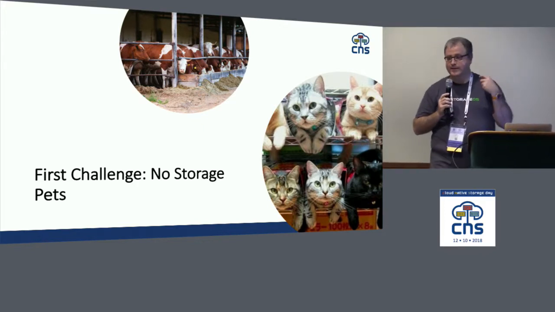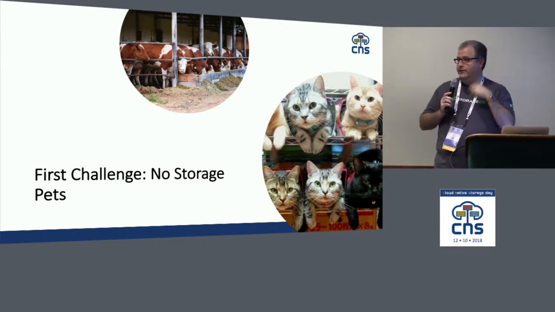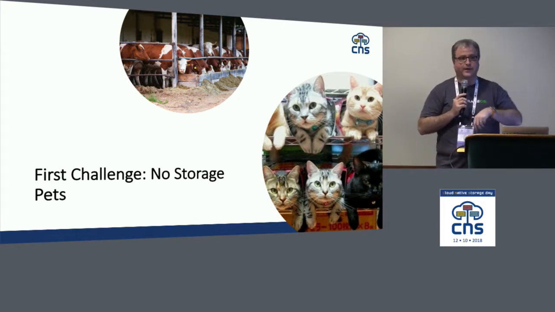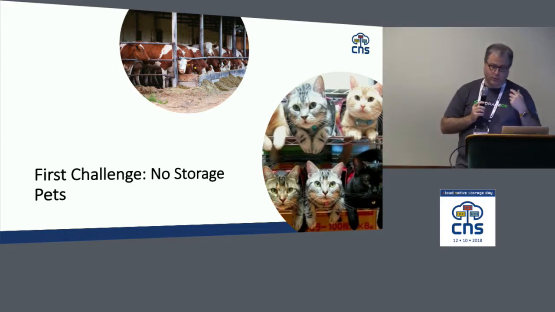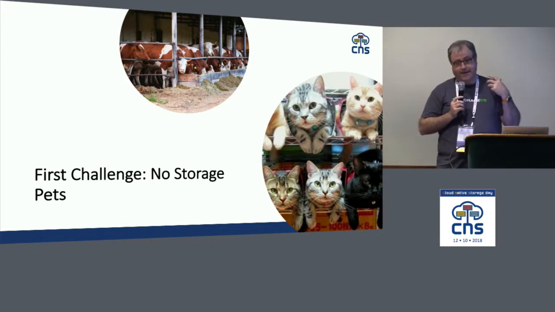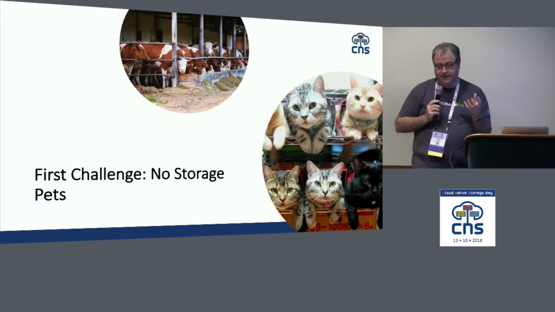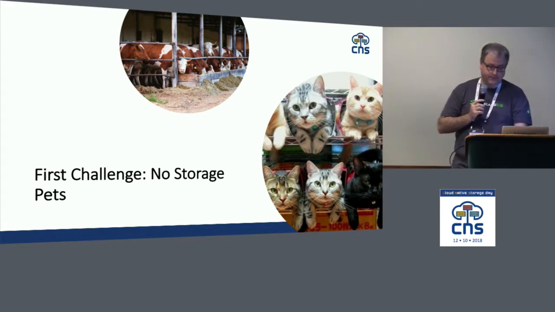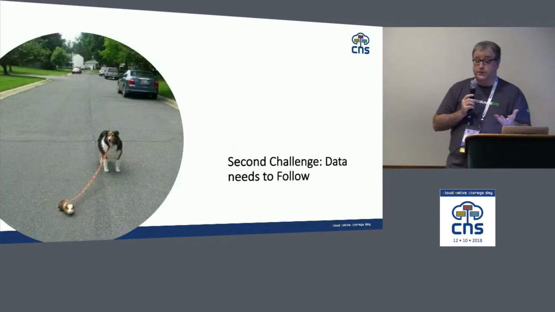Pets being things that you nurture and are very personal and very special, and cattle that are disposable and have a lot of homogeneity between all of these different options. And what we really don't want is storage systems for persistent storage where your systems are tied to very special hosts or very proprietary systems. You don't want storage pets, effectively.